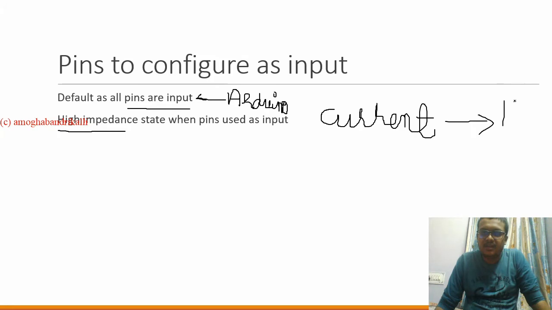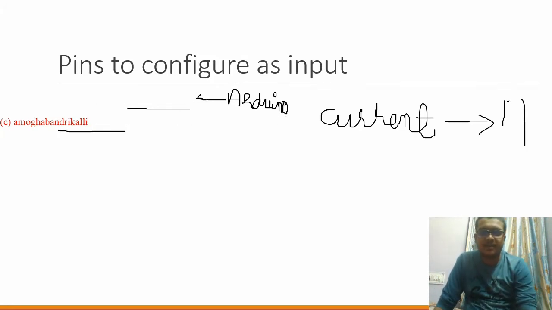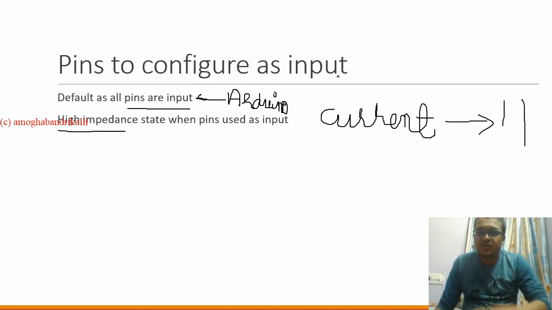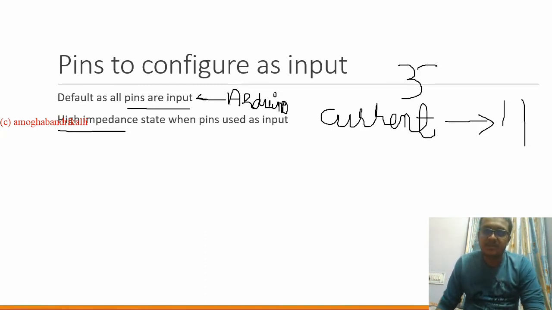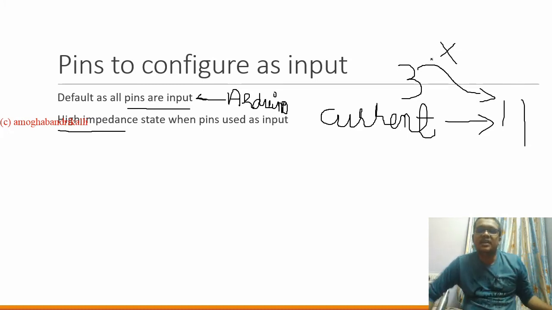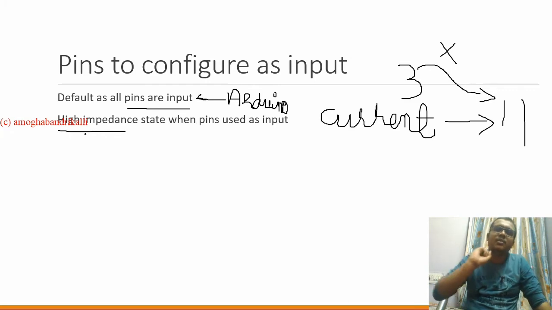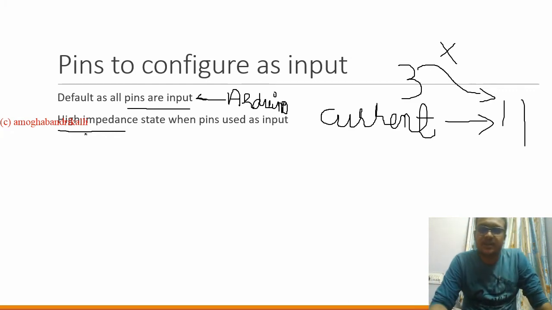If you are connecting input devices like a button or any sorts of sensors, consider the third pin configured as an input. From this third pin to that sensor, we are not going to send any higher currents. That is called a high impedance state. It is not going to provide any current to the devices we connect, and we call it an input.